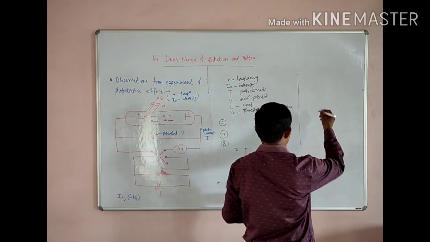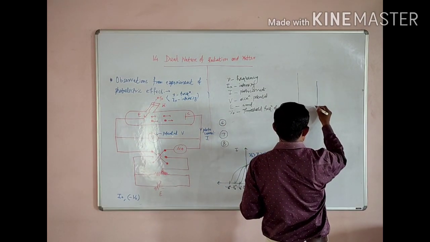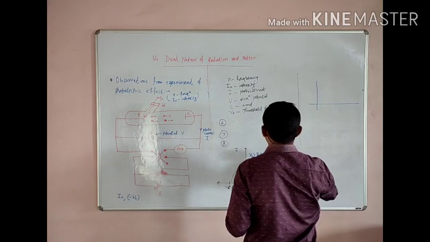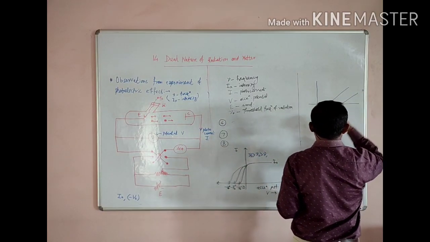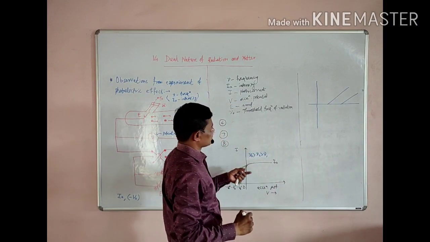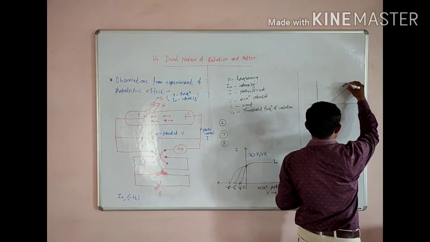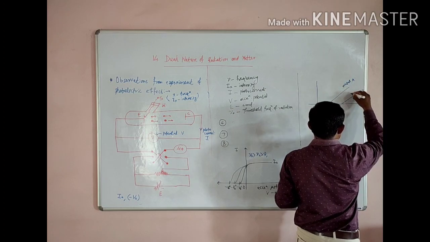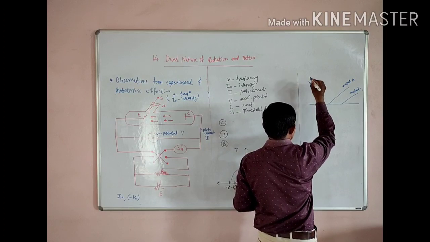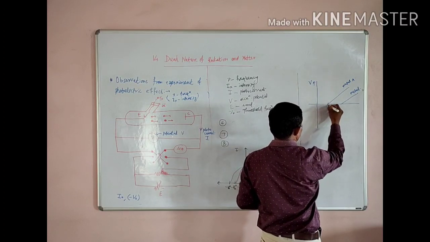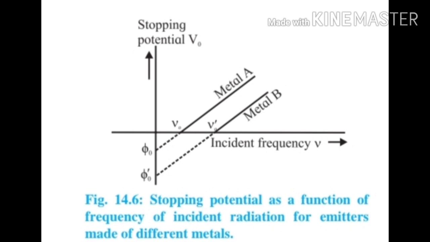Also, if we plot, or we change the material here, then it is observed that, suppose this is for metal A and this is for metal B, the threshold frequencies are mu 0 and mu 0 dash, and the corresponding potentials phi 0 and phi 0 dash.